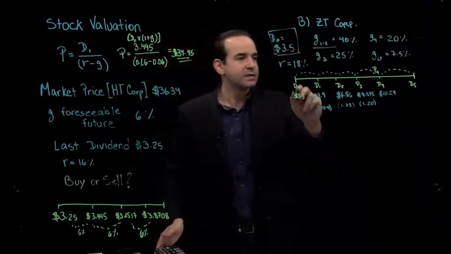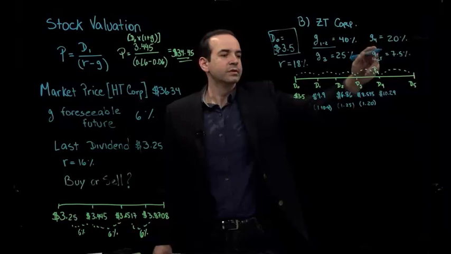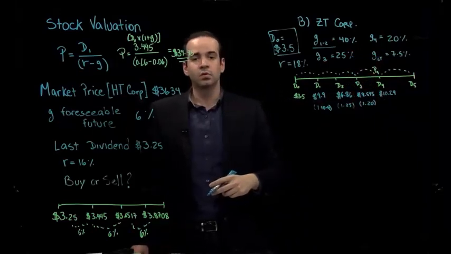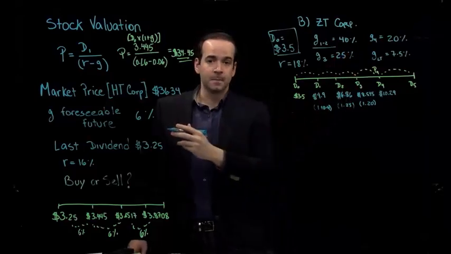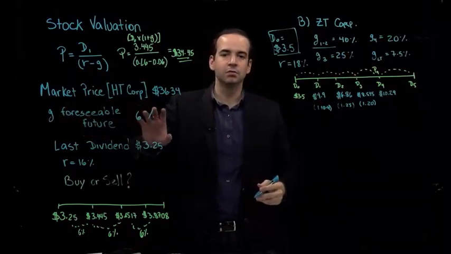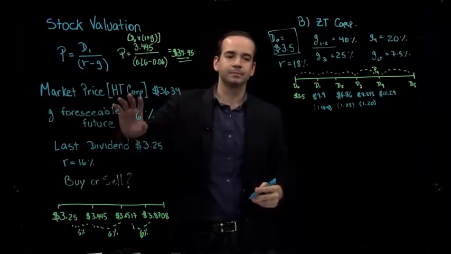Now, at this point, we are told that the company will start to grow at a 7.5% growth rate forever, or in other words, for the foreseeable future. That's a better way to say it.